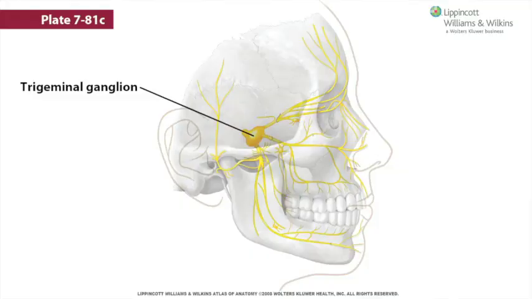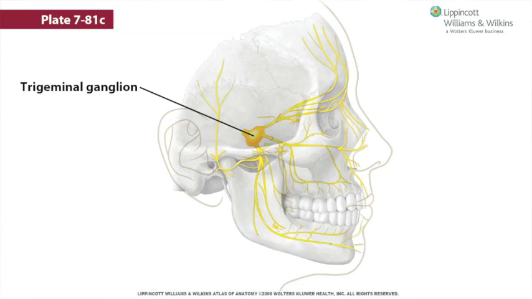There are no synapses in sensory ganglia such as the trigeminal ganglion or any other sensory ganglion associated with a cranial nerve. The neurons of the sensory ganglia are of the same classification as the neurons of a dorsal root ganglion of a spinal nerve. They are pseudo-unipolar neurons.